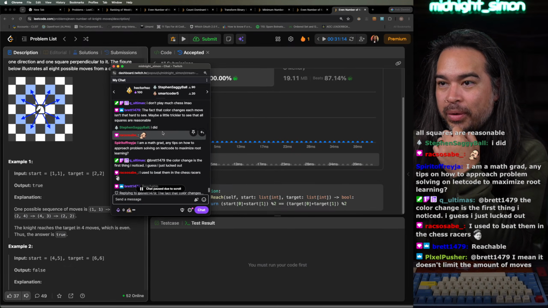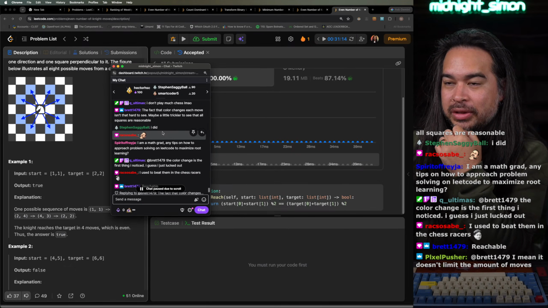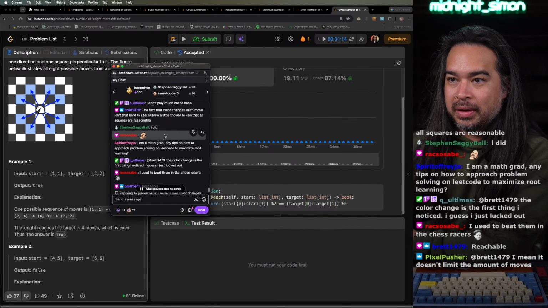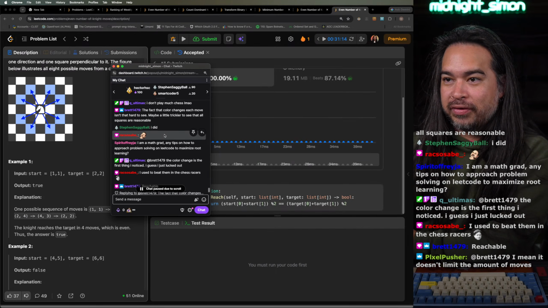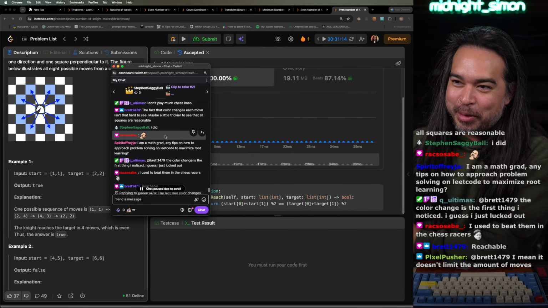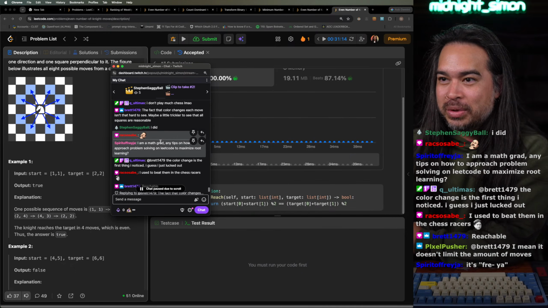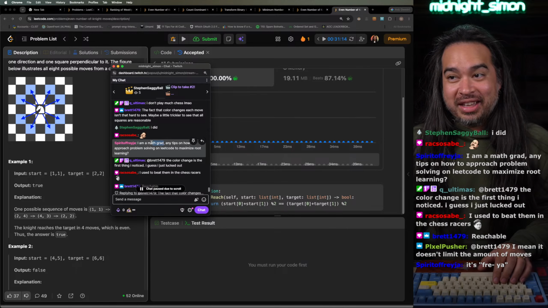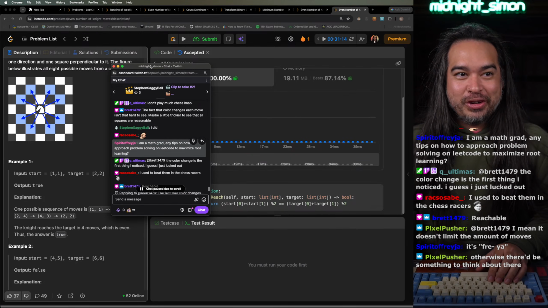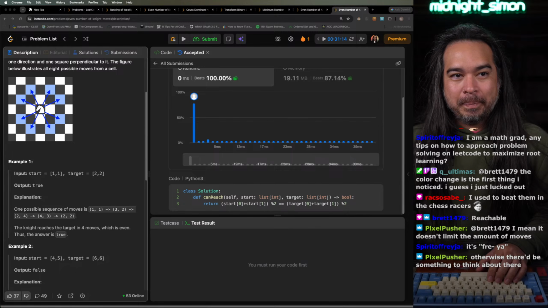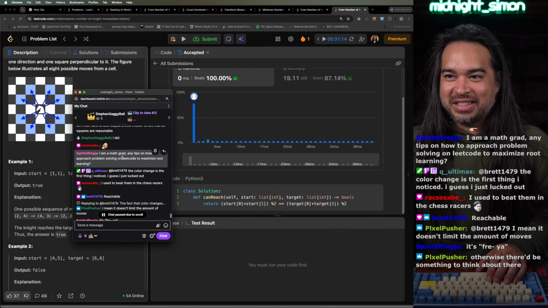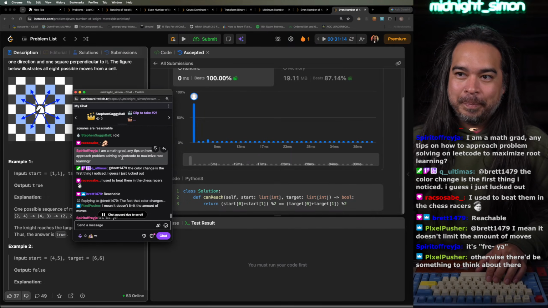Spirits of Raja, what's happening? I'm a math grad. Any tips on how to approach problem solving on LeetCode to maximize root learning? I think if you studied math, you have a big advantage for LeetCode, because a lot of the problems have some type of math involved, whether it's combinatorics or statistics or something like that, man.